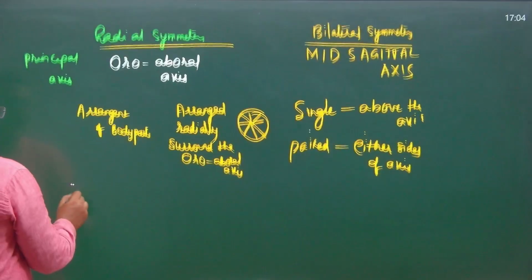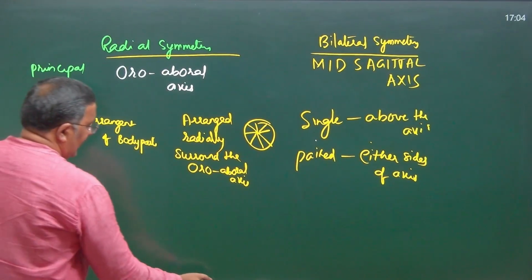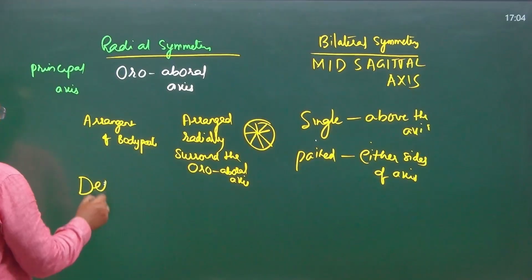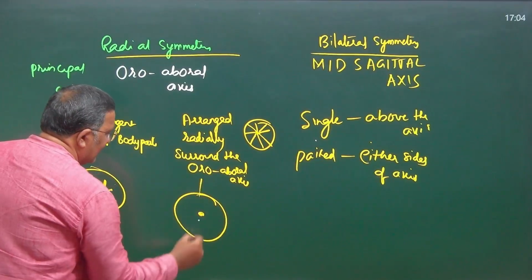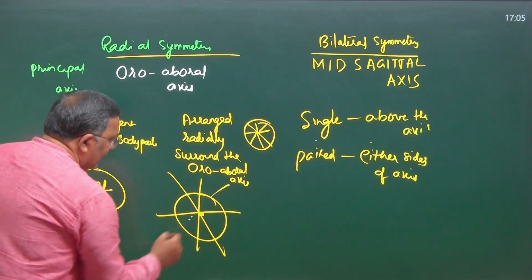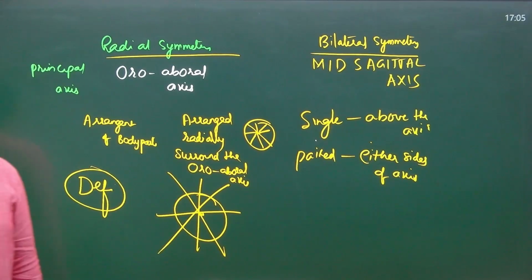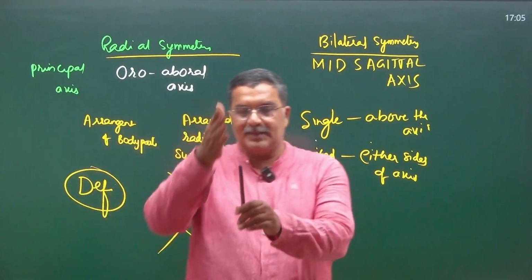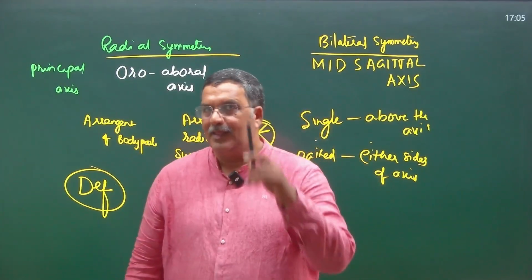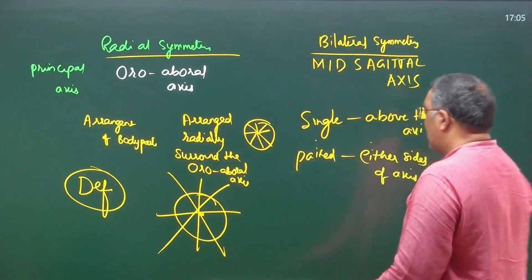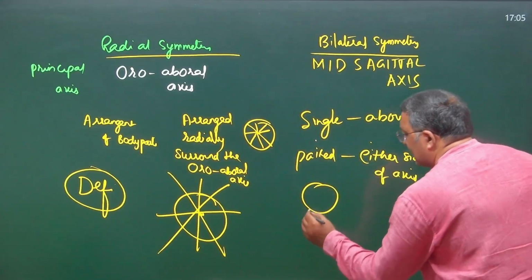Now the definition. How do we define radial symmetry? Through the oroaboral axis, if you cut the organism in any plane, you get equal halves. Then how do we define bilateral symmetry?